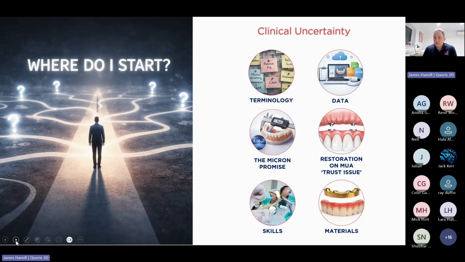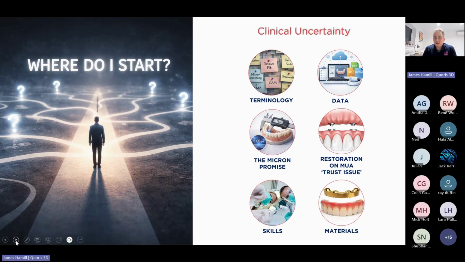One of those is simply the terminology that's used, the language that's used around these types of processes can be quite confusing. Photogrammetry, passivity, microns, how important is the micron fit? All of those things start to raise some questions.